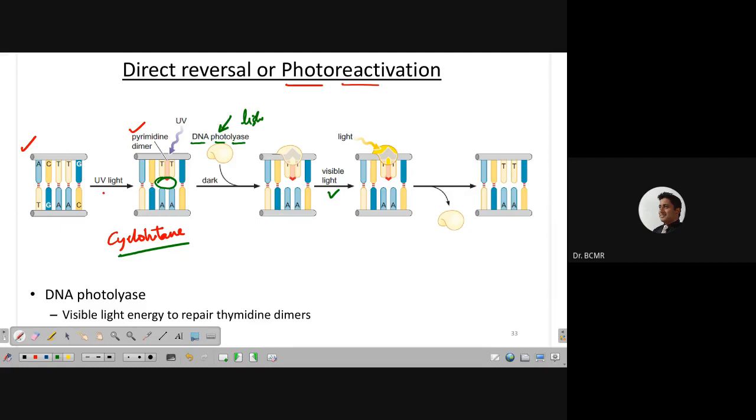So it is direct reversal. Why is that? They are not doing anything else. All it requires is visible light energy, and then it just breaks the bonds that make up the cyclobutane ring. Now we have the thymines as they are, and they can interact with the complementary bases. It is called photoreactivation. The enzyme is called DNA photolyase.